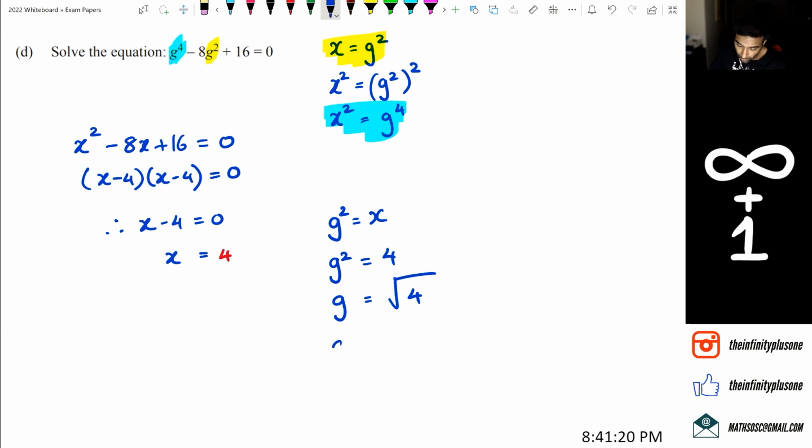Really important that we say g is equal to the square root of 4, but we've got to put that plus or minus there. Remember in the previous couple of questions when we did the square root of 4, we said we don't need to worry about the negative, because in that case it said v was positive. In this case, when we take a square root of a number, we always have to consider the positive and negative.